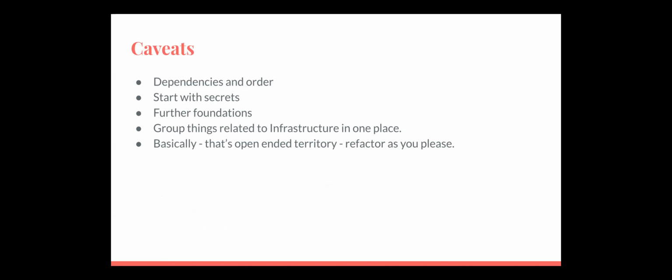So these are our choices in Flux. But there are also some caveats along the way when we started to automate the whole thing, and that is dependencies. You cannot put everything in the Git repo, install Flux and hope that it will all be synced. There are things that depend on other things, and if they are not created earlier, then the whole sync will continuously fail. So our lesson was to start with the secrets.